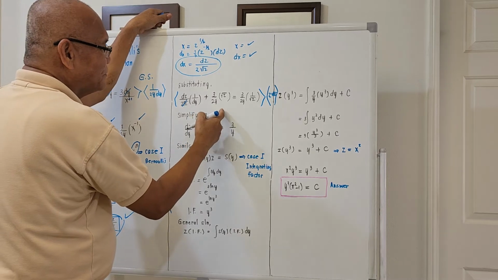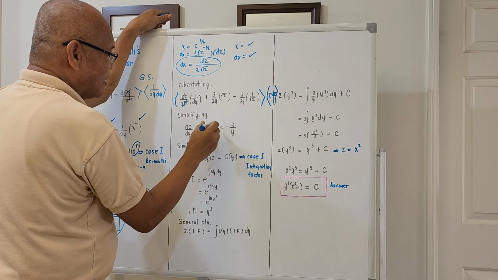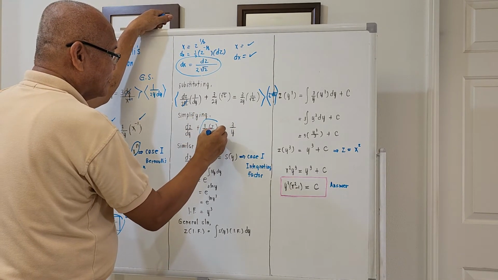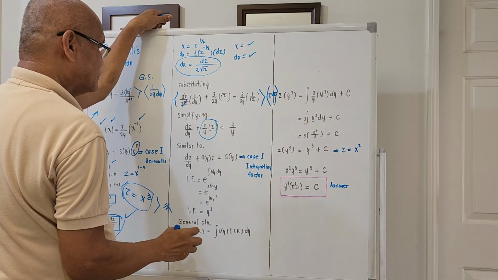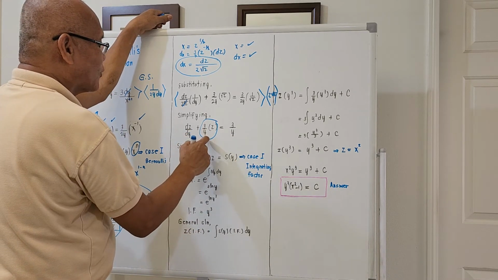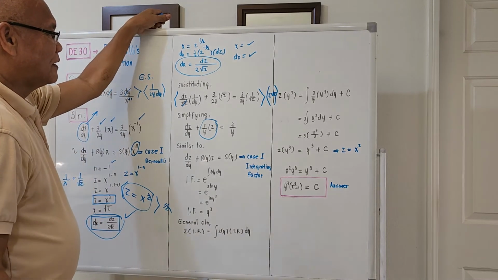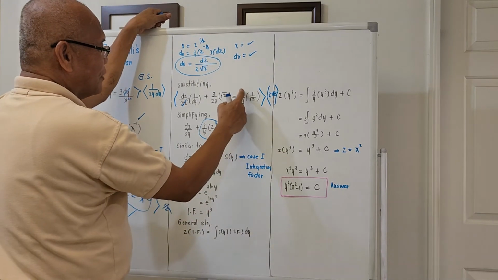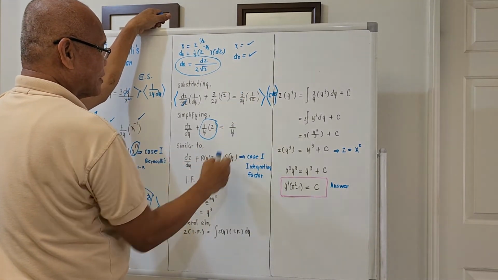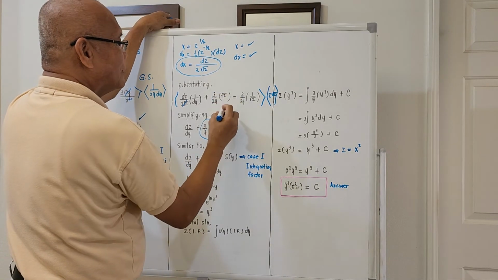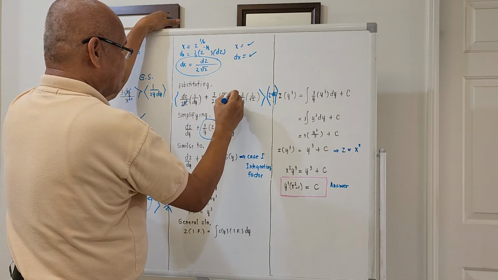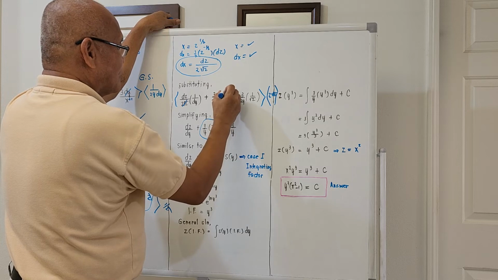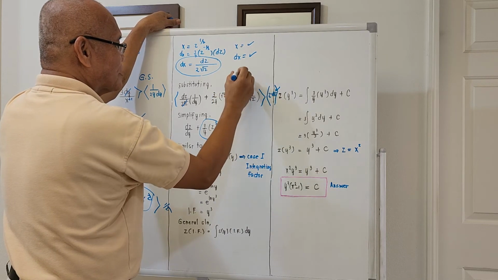The second part, what will come out will be 3 over y times z. The right hand side will be 3 over 2y times 1 over the square root of z. Z to the 1/2 and z to the 1/2 is just z.